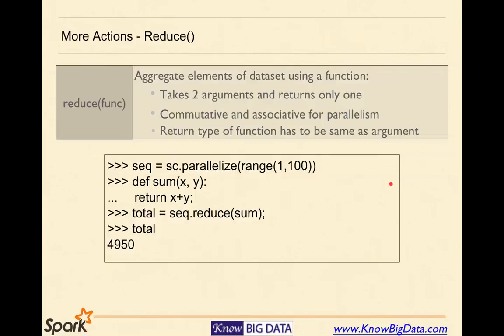So reduce aggregates elements of a data set using a function that takes 2 arguments and returns only 1 value. It should be commutative and associative. What does it mean? It means if you apply the same function again and again on the results, the answer should be the same. The return type of the function has to be the same as the argument type.